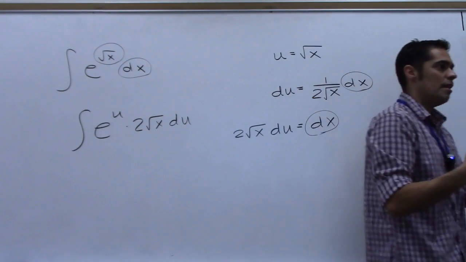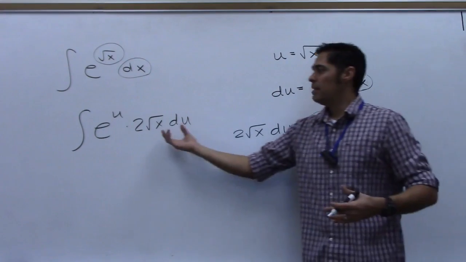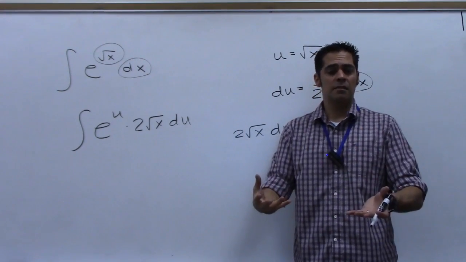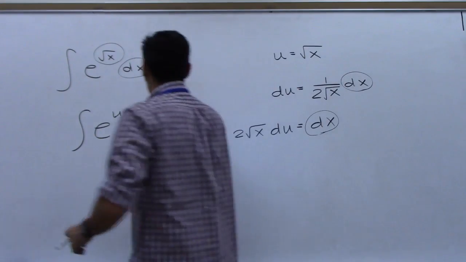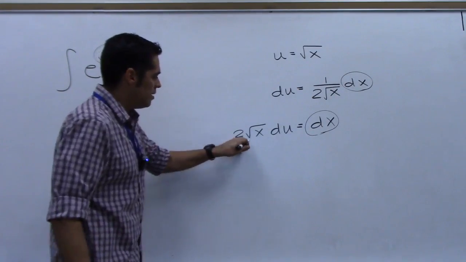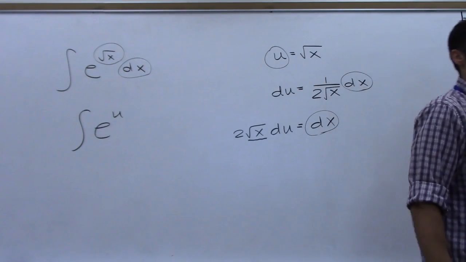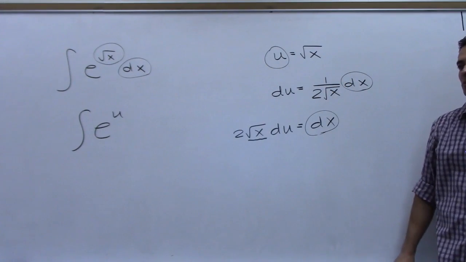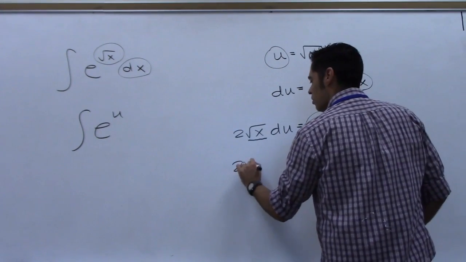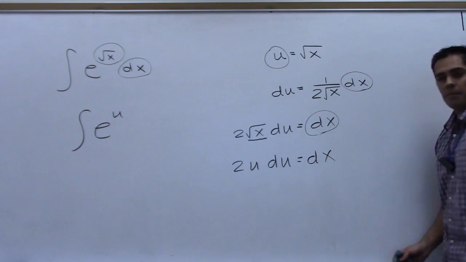And I told you that the whole idea of rewriting the integral is to be able to get rid of the x and turn it into u, right? But that's not going to be a problem because what is root x? It's u. And so we got lucky. That root x is u. And so this actually becomes 2u du is dx.